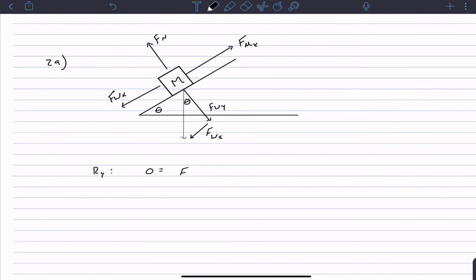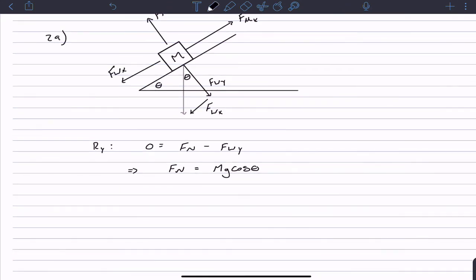So 0 equals F sub n minus F sub y, because these are going in opposite directions, right? This is going up, this is going down. So that means that we can set the normal force equal to mg cosine theta, because this is cosine theta here. Okay, let's do the x direction.